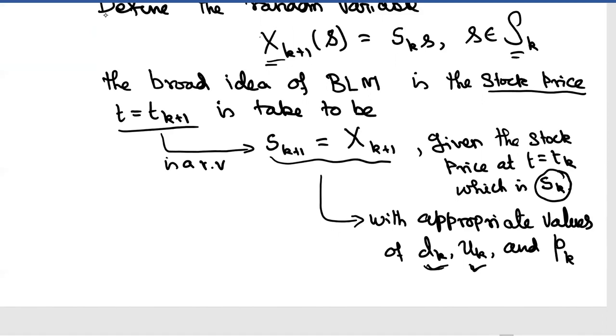And sk comes from your equity market, the current market price. The model says that you somehow have to get your values of dk, uk and pk and then go to define your stock like this. Okay, so that is the idea.